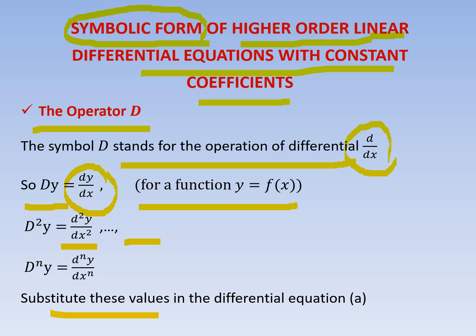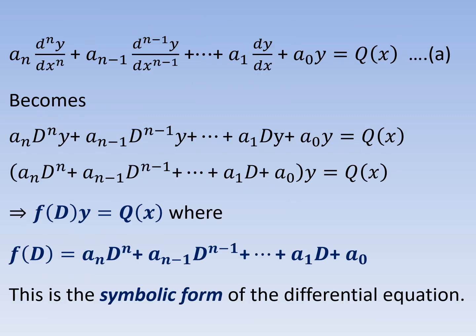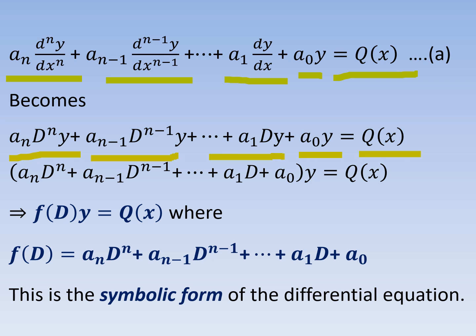Now substitute these values in the differential equation A. an times nth derivative of y with respect to x plus an minus 1 times (n minus 1)th derivative of y with respect to x plus so on plus a1 times first derivative of y with respect to x plus a naught times y is equal to q of x becomes an times D power n y plus an minus 1 times D power n minus 1 y plus so on plus a1 times Dy plus a naught times y is equal to q of x.